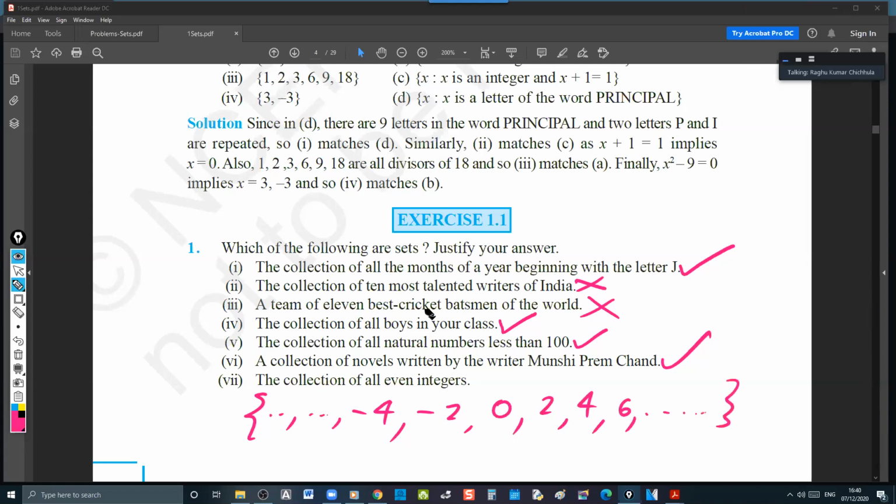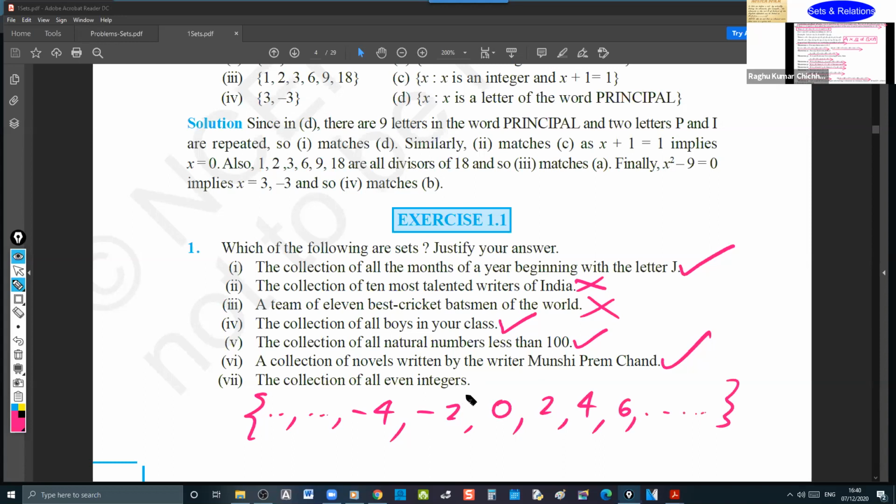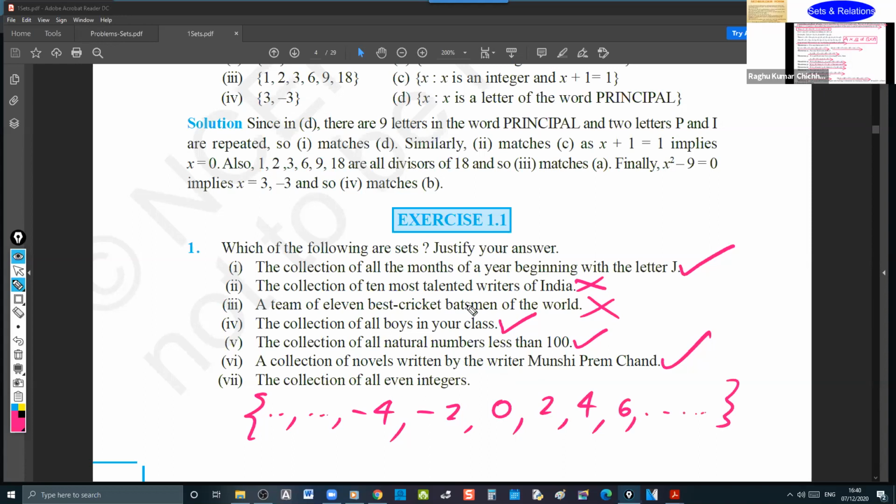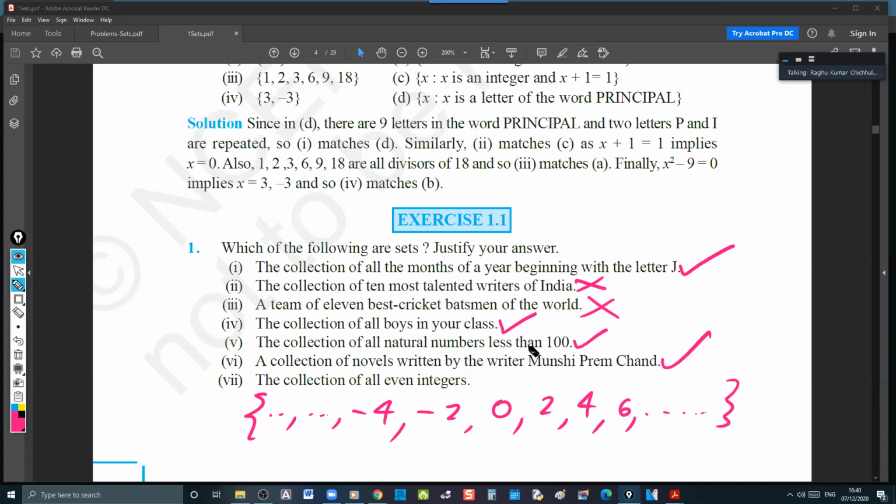But you cannot write them as a finite number, Chaitanya. Your confusion is quite reasonable. You may be thinking that, like the previous questions, you can write a finite number of elements, but here it is countable only, not finitely countable. Infinite numbers are different. We will be coming across such things. So the collection of all even integers is also a set.